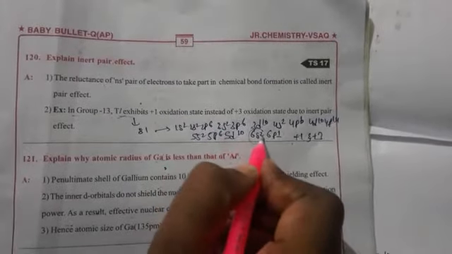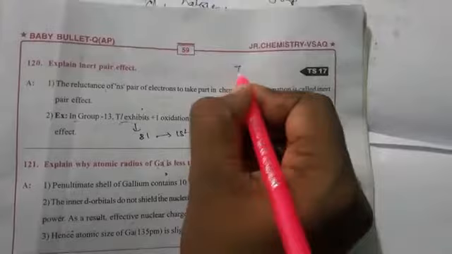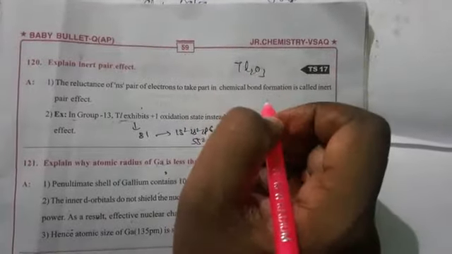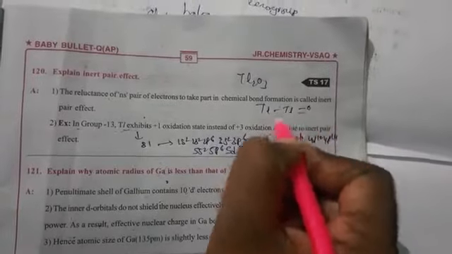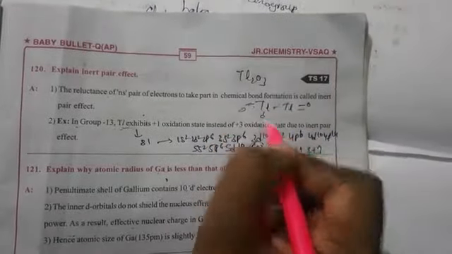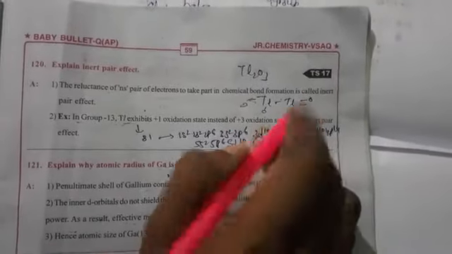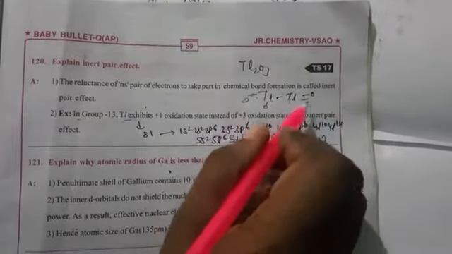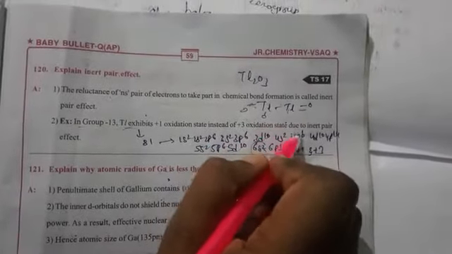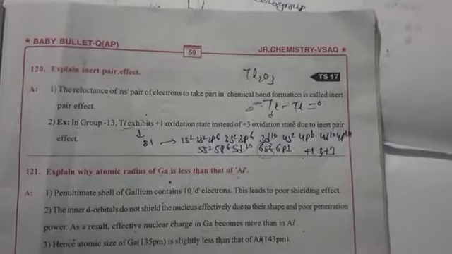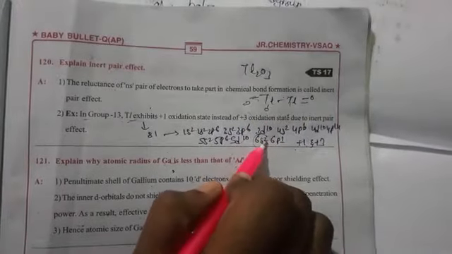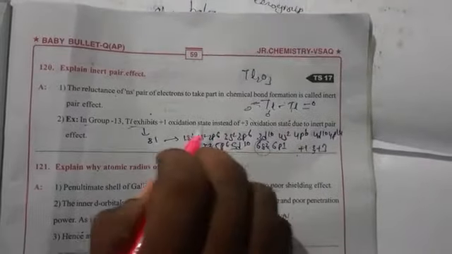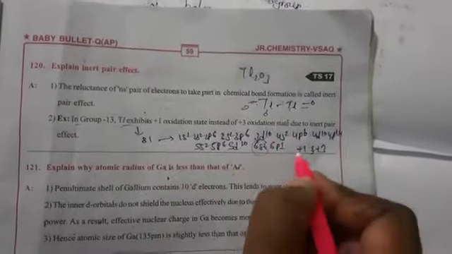To form a chemical bond, for example if you want to form Tl2O3, there is a double bond O and a single bond O formed. So means what? Here there is no participation of s electrons; only p electrons participate. So why is there no participation? The +3 oxidation state is due to inert pair effect. Here, sorry, the +1 oxidation state is due to inert pair effect.